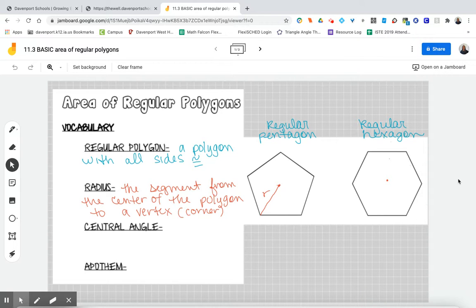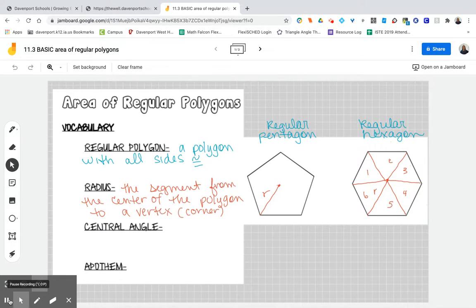If I go from the center and I draw a radius from the center here to a vertex, I could do that for every single vertex here. And I'm sorry, I'm using my iPad. I'm not doing a very good job here. And if you count, it creates 1, 2, 3, 4, 5, 6 triangles. We have 6 triangles for 6 sides.